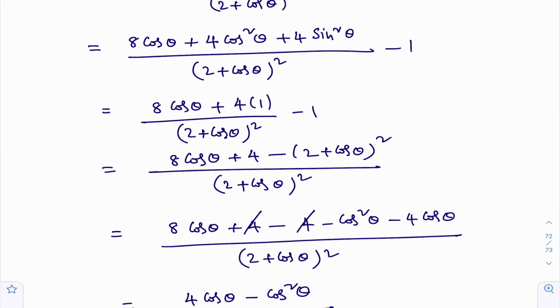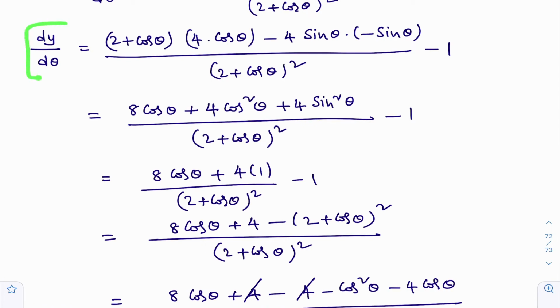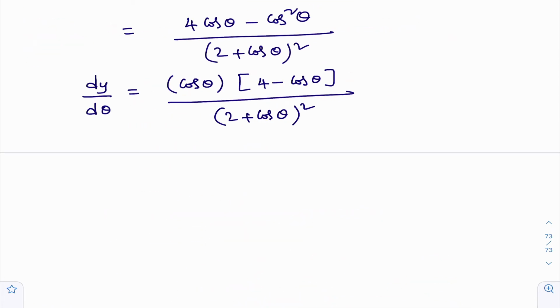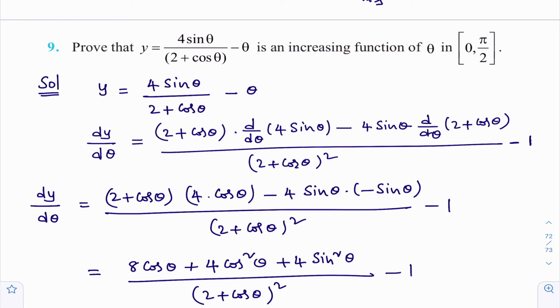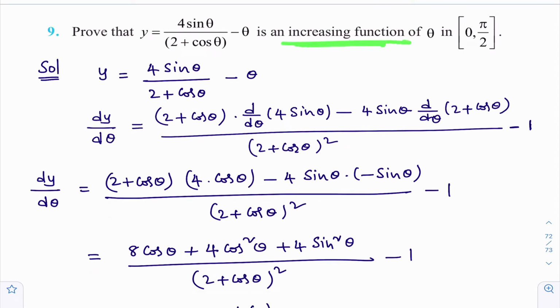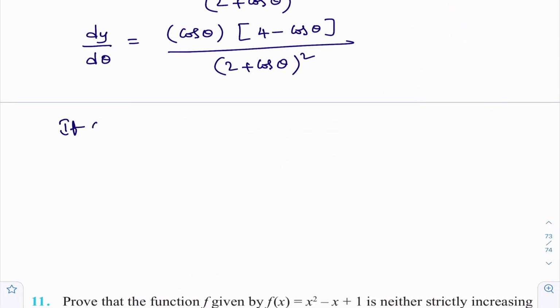What is this? You can observe this is dy by d theta. Okay. Now what I am trying to prove is that this function is an increasing function when theta is in the closed interval 0 comma pi by 2. Okay.